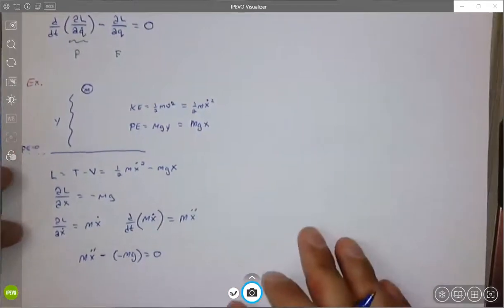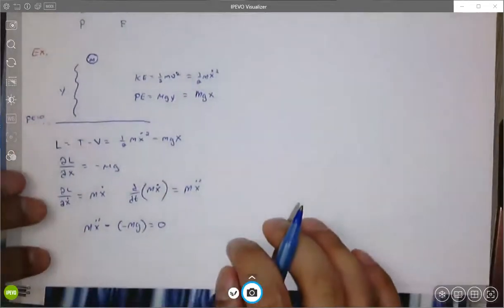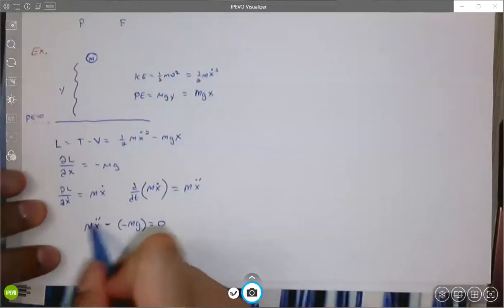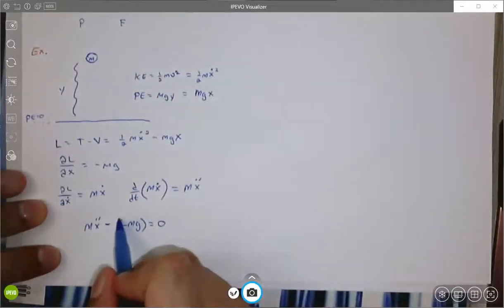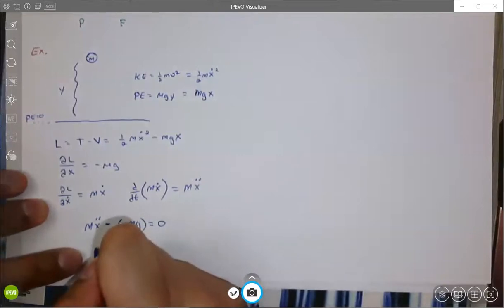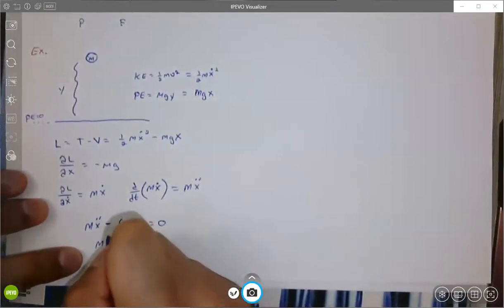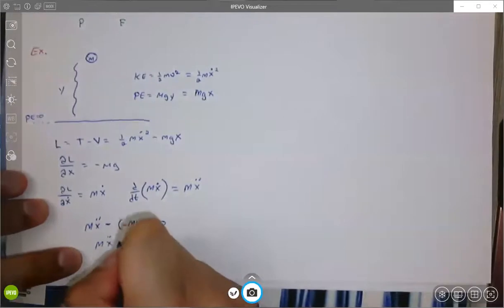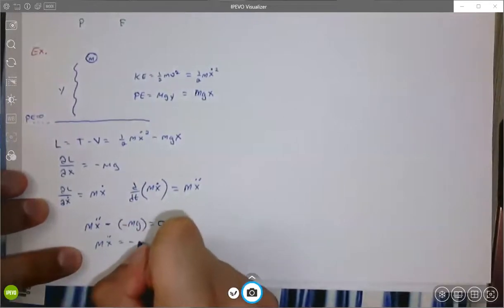Okay, great. So what do we do from there? Well, this term right here, you could bring to the other side, and we end up with mx double dot equal to negative mg.